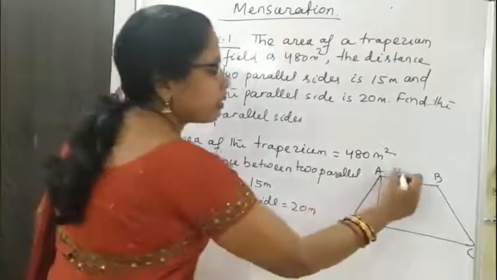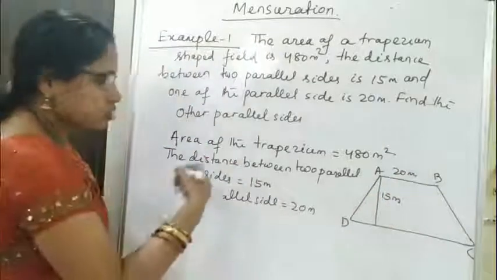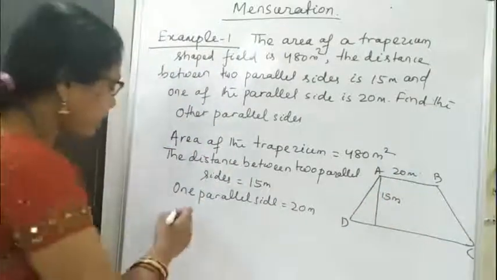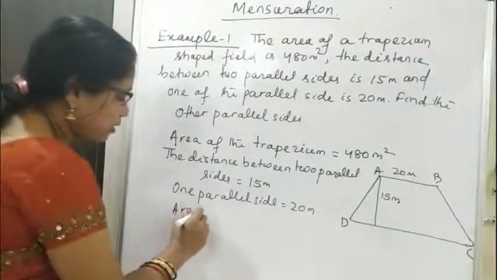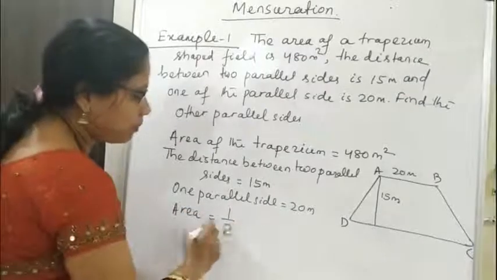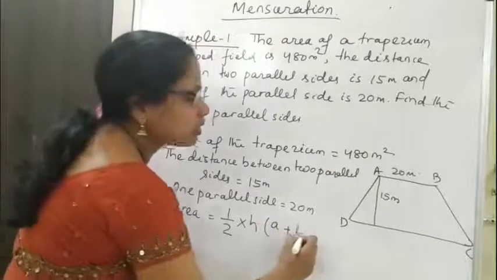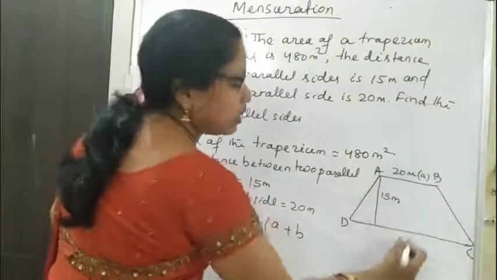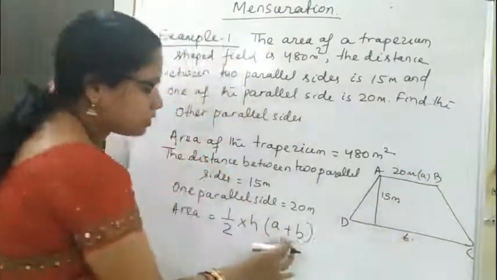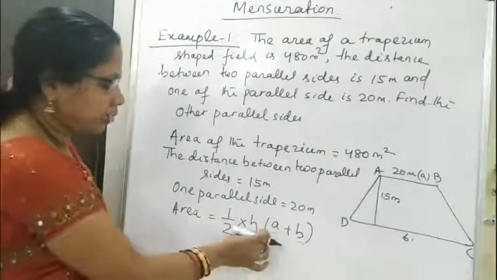So let AB be 20 meter. So what is the formula for area? So area of the trapezium is equal to half into H into A plus B. So let this be A and this be B. That means sum of two parallel sides into H into half.